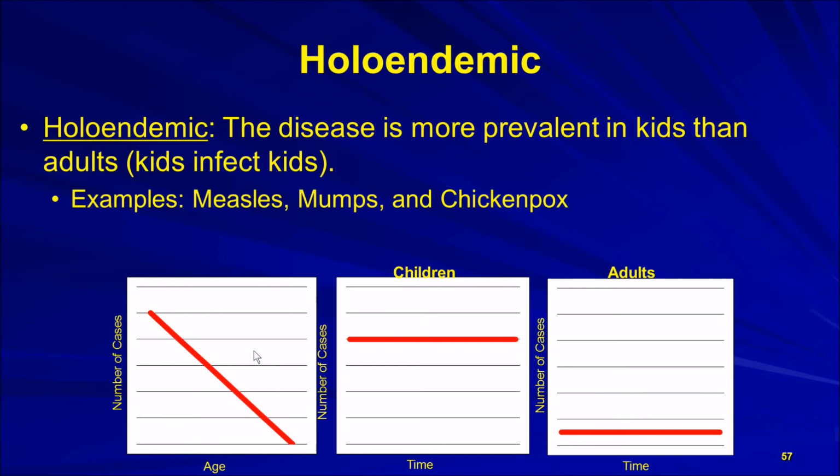The children have the disease more often than adults. That's what we mean by, did I say hyperendemic? If I did, I meant holoendemic, because holoendemic refers to kids. So these are generally diseases that do not, you heard the word generally, infect adults.